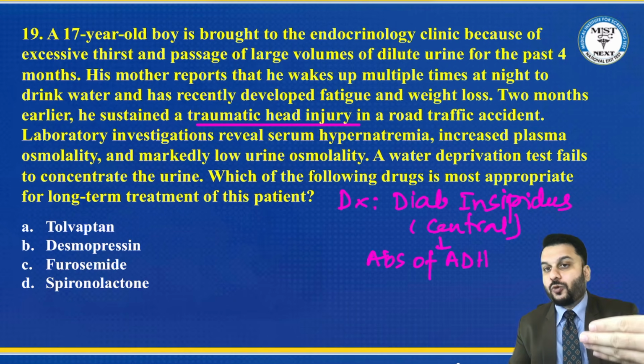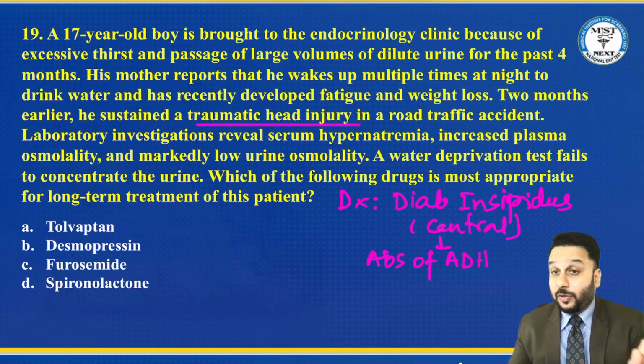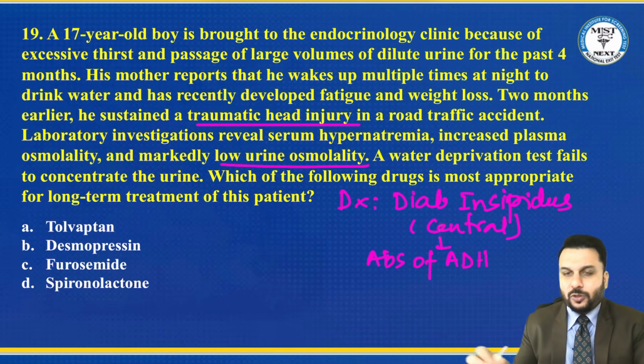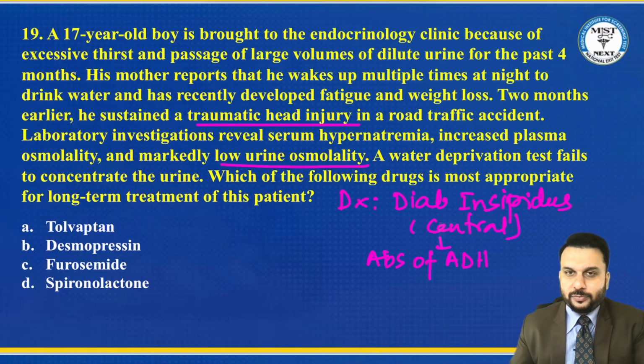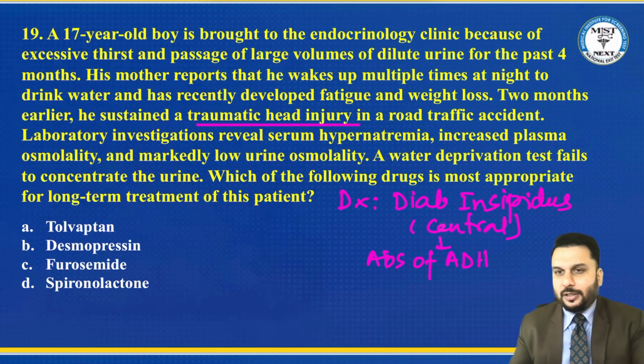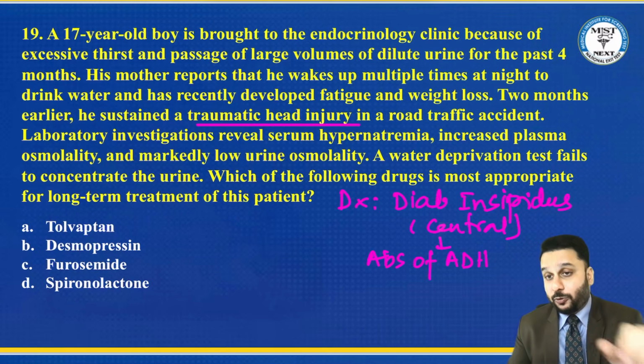You will actually lose water. So that's why they're saying that there is low urine osmolarity. That means concentration in the urine has reduced because there is too much water in the urine. So this is clearly telling me it's a case of diabetes insipidus where there is no ADH or vasopressin.